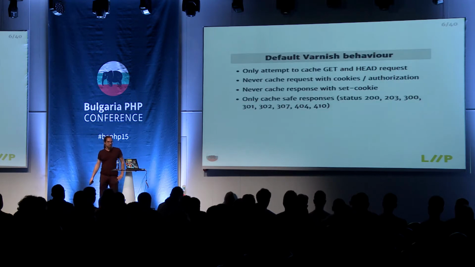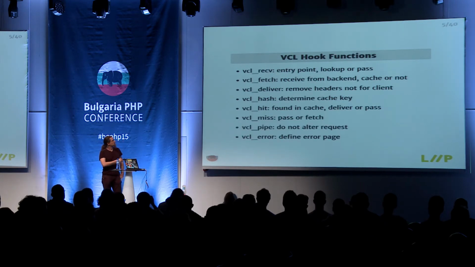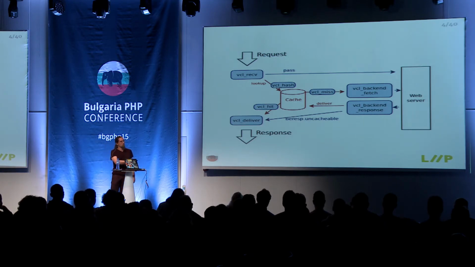Now, Varnish will only ever attempt to cache, so that's in this step here, if it's a GET request or a HEAD request. If it's a POST or DELETE or something, it says, well, there is no point in trying to cache that because it's going to modify server state. So it's extremely likely that you want that request to go to the backend.